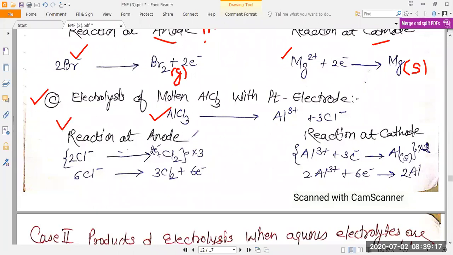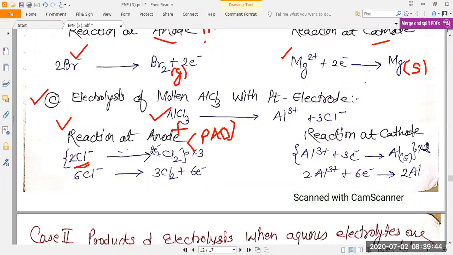Anode means PAO, positive anode oxidation. Anode will be positive and oxidation will happen at anode side. So at the positive side, negative charge will go. Negative charge means chloride ion. So chloride ion goes to the anode side.